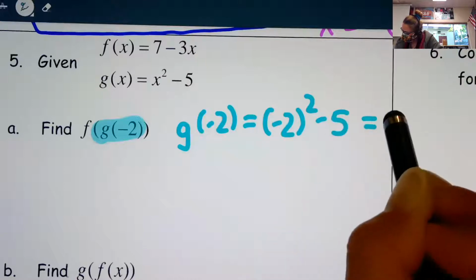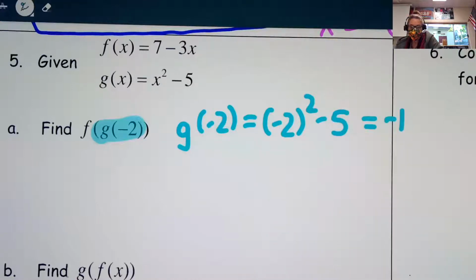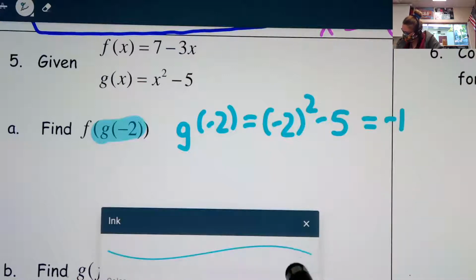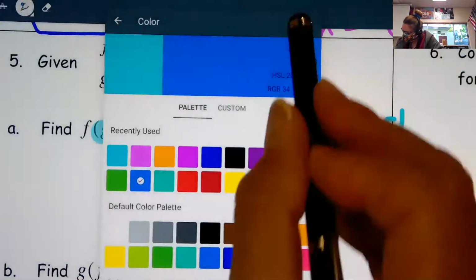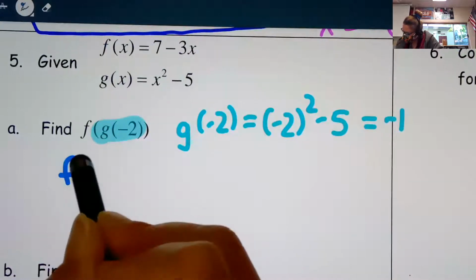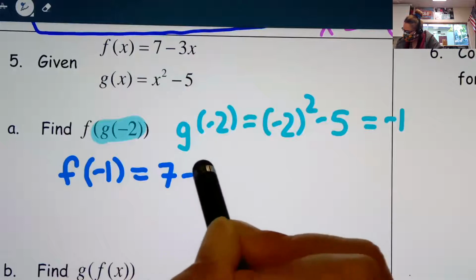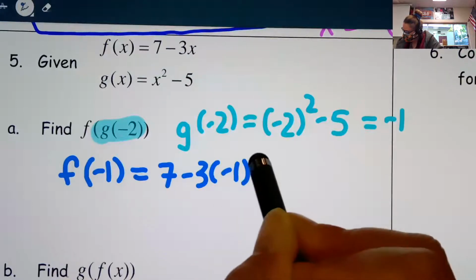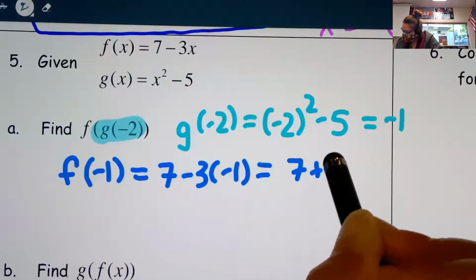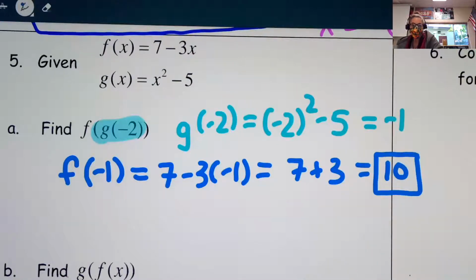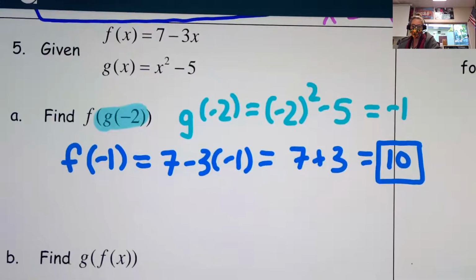That's going to be 4 minus 5, which is -1. Now I'm going to be taking that and putting that into f. So now I'm going to find f of -1. So 7 minus 3 times -1, which is 7 plus 3, or 10. That is my answer. That's what f of g of -2 equals.